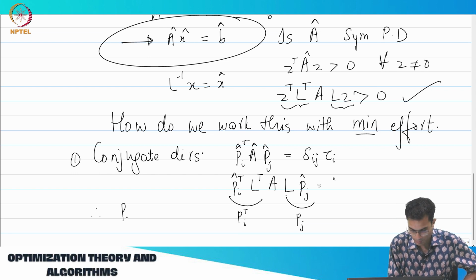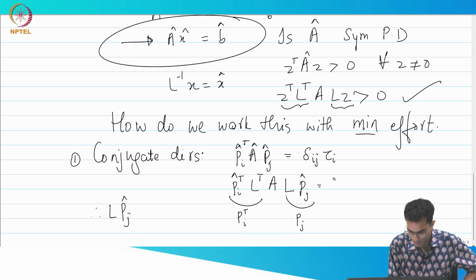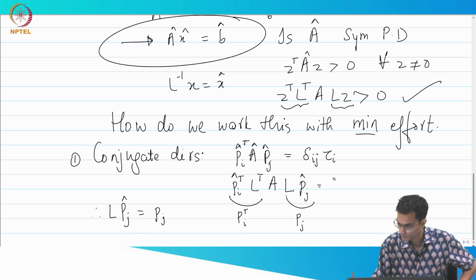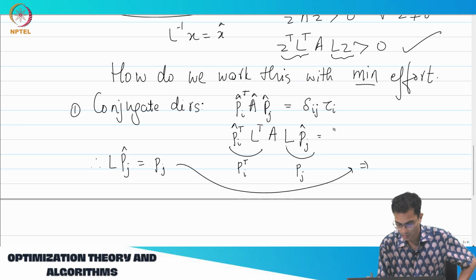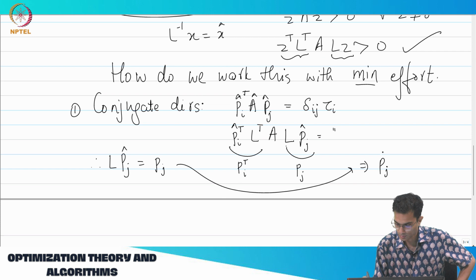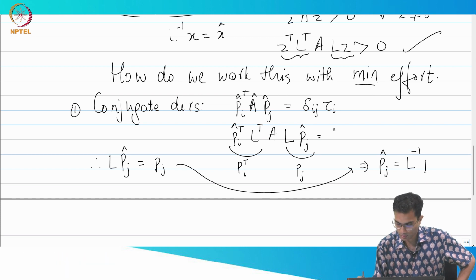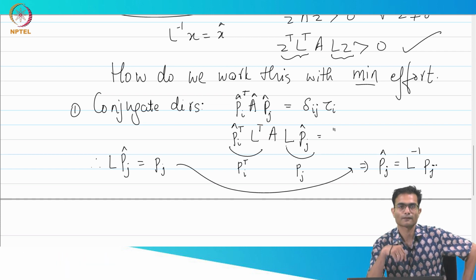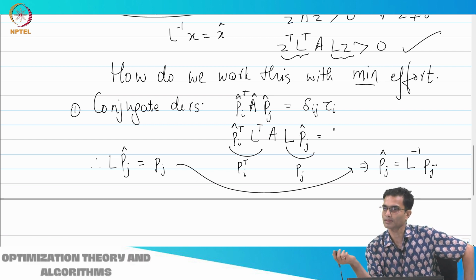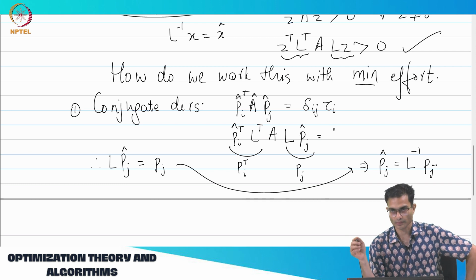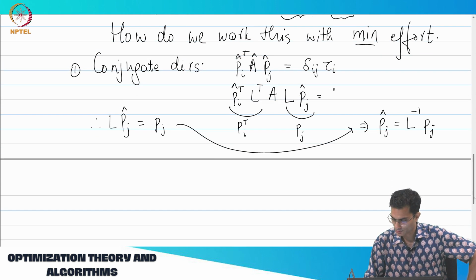Therefore, L Pj hat is equal to Pj. So the new conjugate directions are simply L inverse times the old conjugate directions. Okay. So that was one easy thing out of the way.